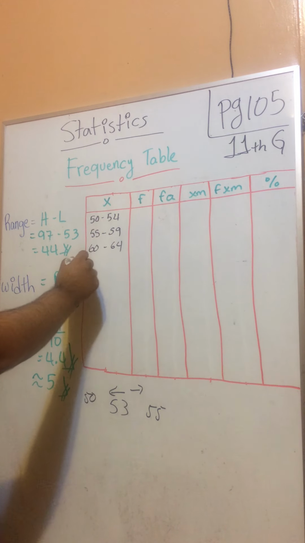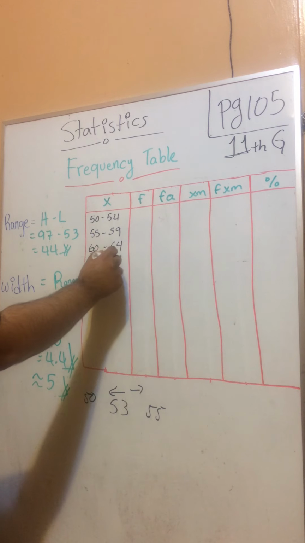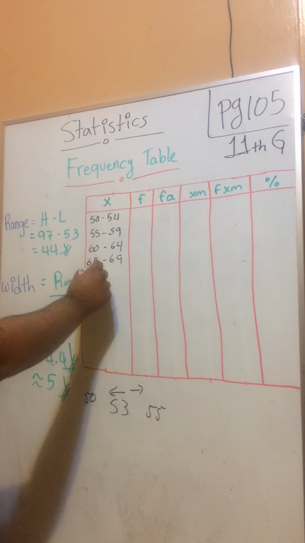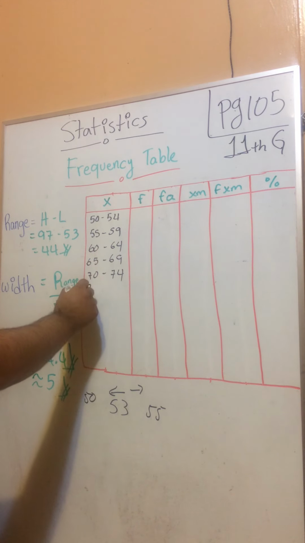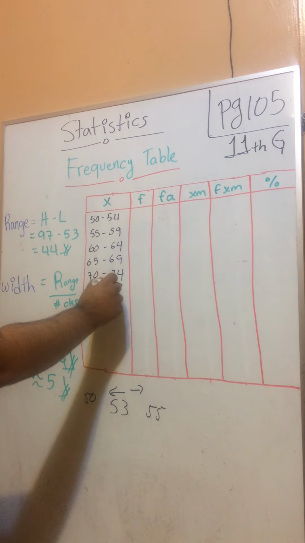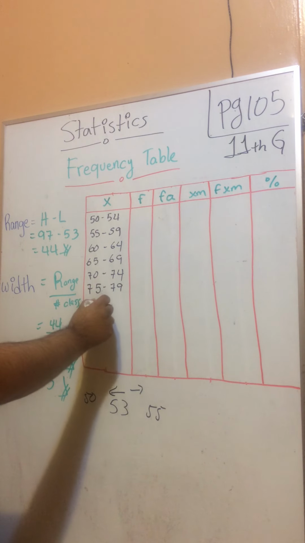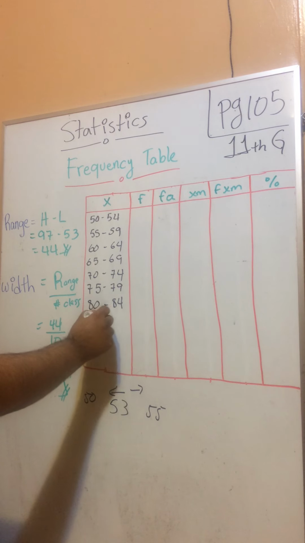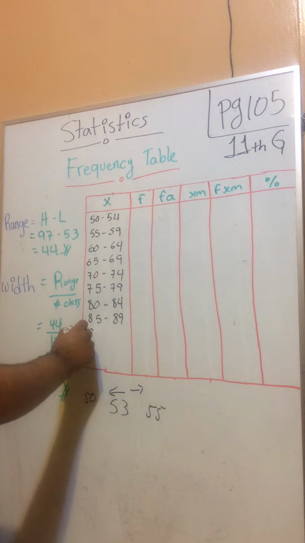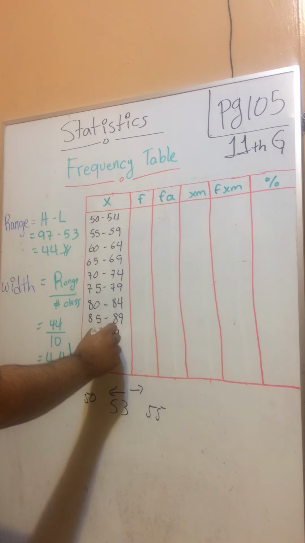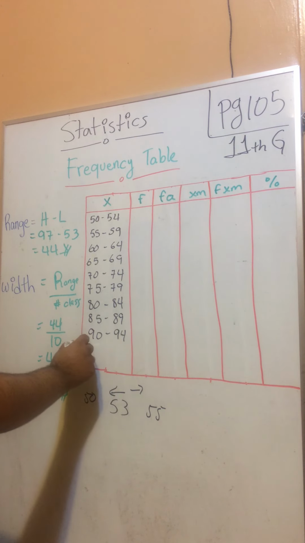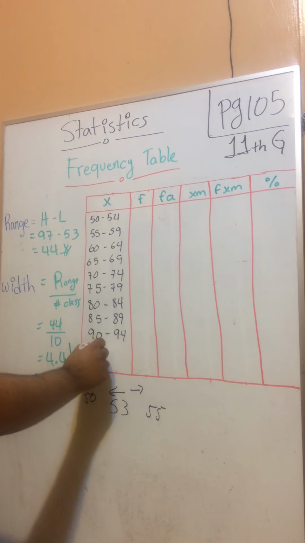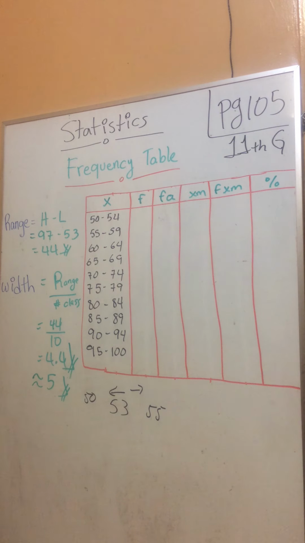Okay? 60 to 64, 65 to 69, 70 to 74, 75 to 79, 80 to 84, 85 to 89, 90 to 94, and 95 to 100. Okay, so that's where we get our intervals.